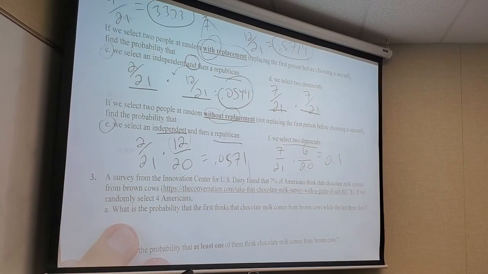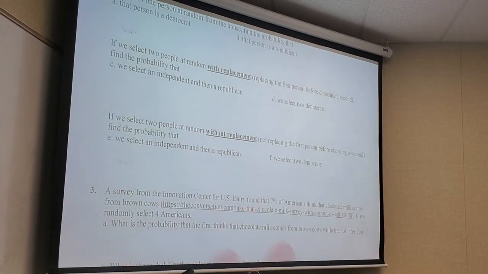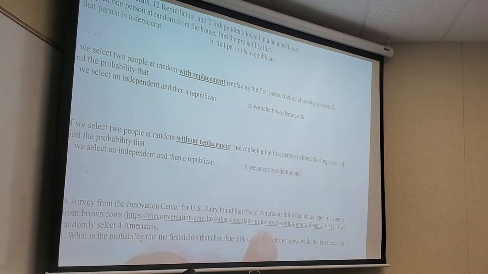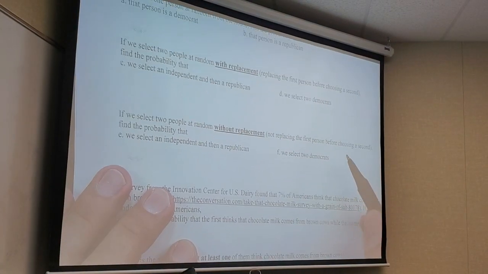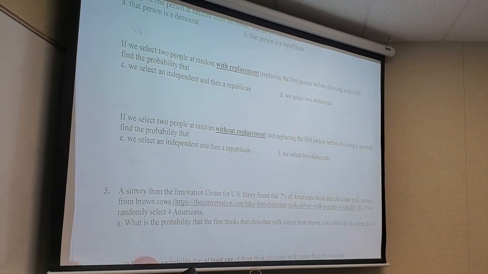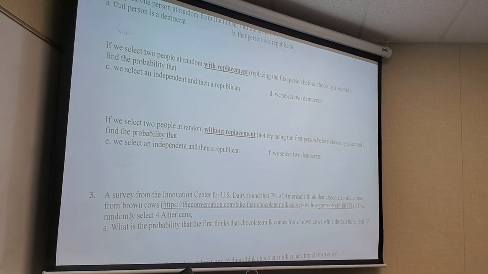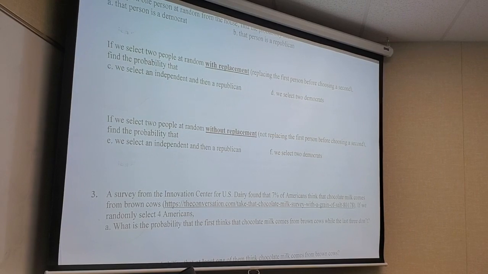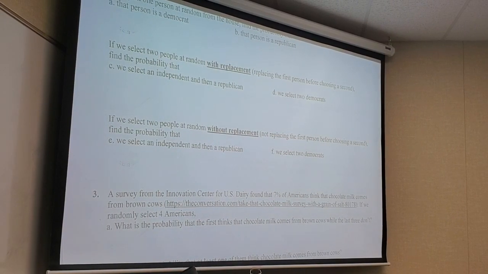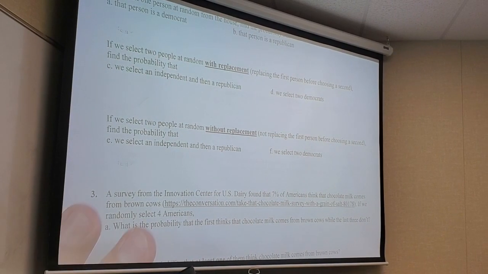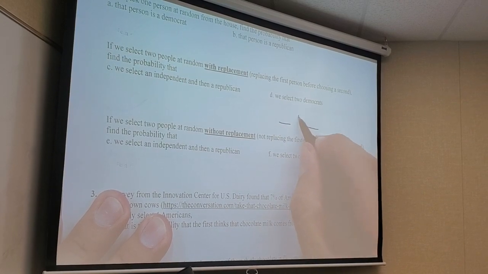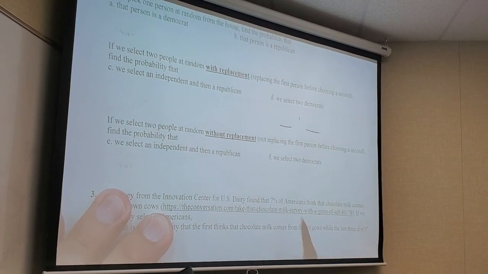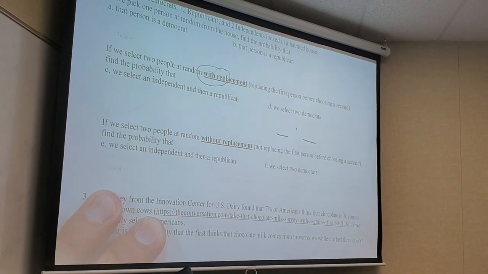So let me get a clean sheet of paper. Let's do this. I want to select 2 Democrats. Do you see the word and there? No, but if I say it a different way, I want the first person to be a Democrat and the second person to be a Democrat. So that's kind of like a hidden and. This is with replacement.